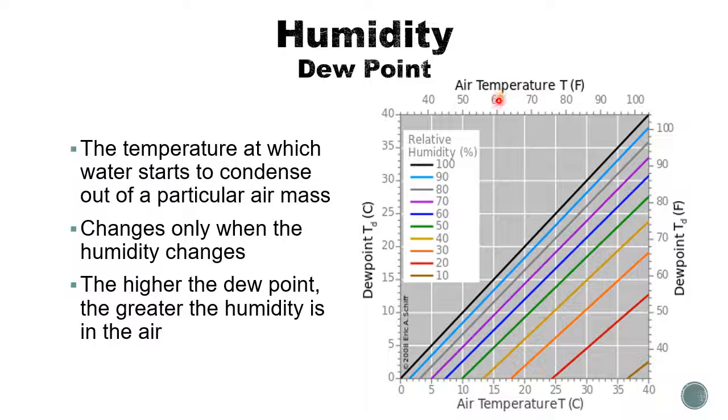If my air temperature is 60 degrees Fahrenheit and my dew point is 60 degrees, I'm at the black line, which says I'm at 100% relative humidity. That means I would expect there to be rain at those temperatures. So 40 degrees Fahrenheit and around 40 degrees Fahrenheit for my dew point. Again, 100%, I would expect to have rain falling.